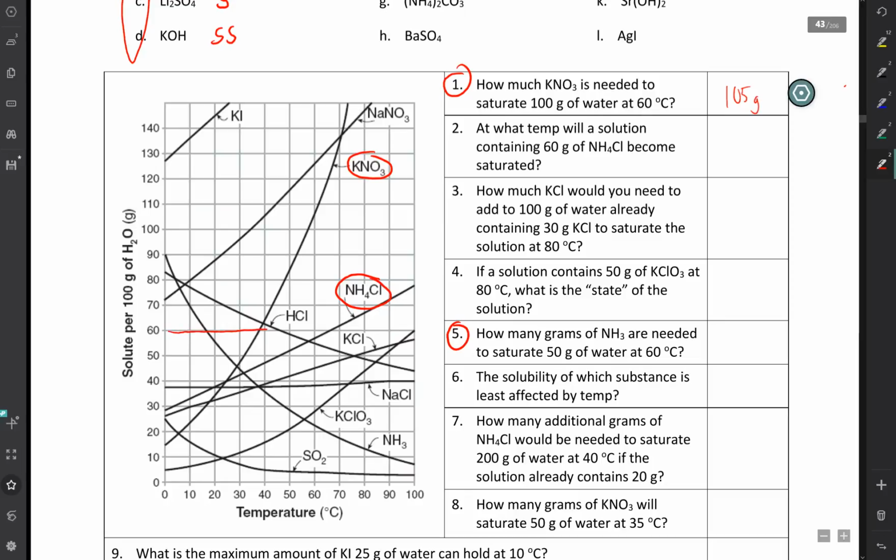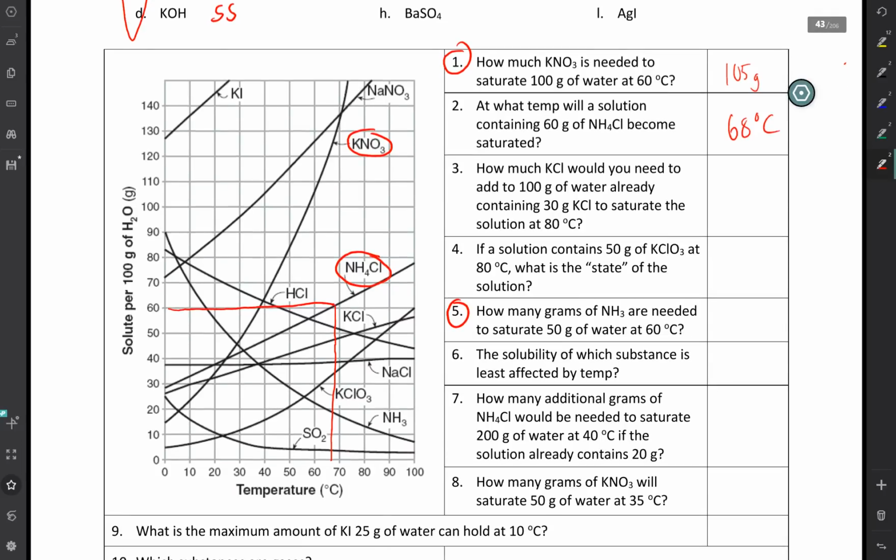Trace across until I hit the line. Oh, there it is. I'm going to trace down until I hit the x-axis. And I see, I don't know, maybe 68 degrees Celsius or so. Again, same thing. You're not going to try to split hairs between 67 and 68. If you know it's somewhere between 65 and 70 degrees Celsius, you're in good shape.